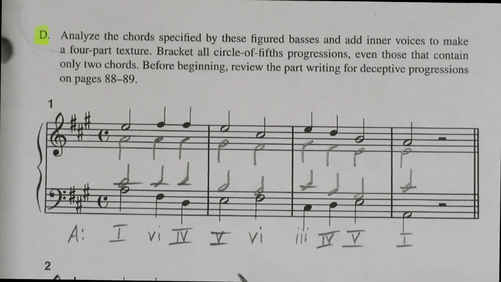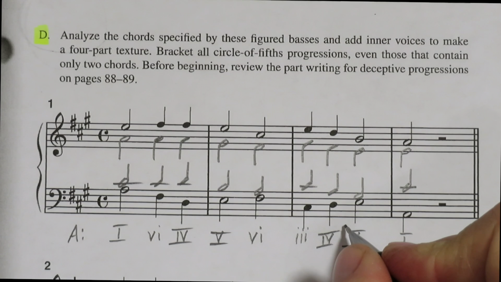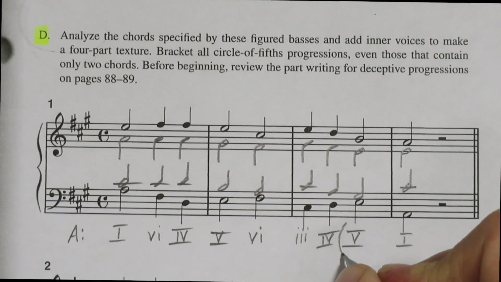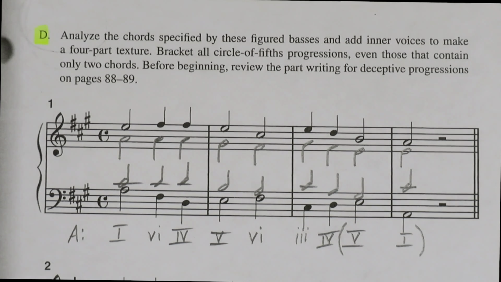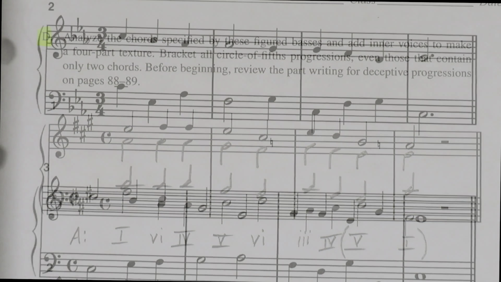And I don't see any. 3, 6, 2, 5, 1. There's no 2, 5. Well, there's a 5, 1. That's a circle of fifths, right? And there we go. Okay.